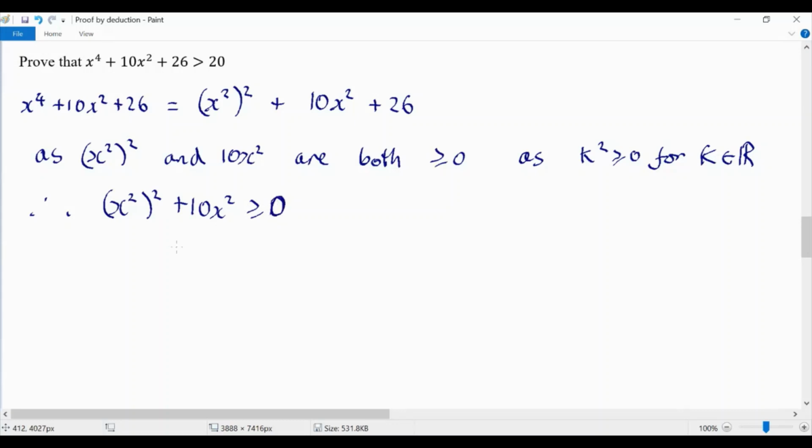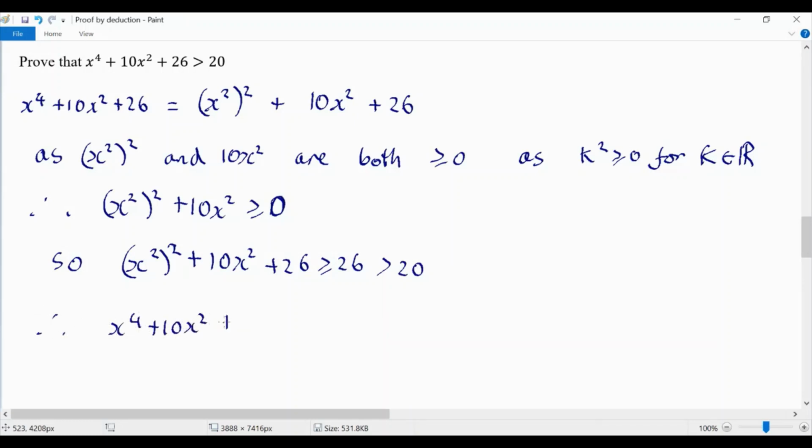And therefore, we had 26. We got something greater or equal to 26. And therefore, that's greater than 20. And so we can say x to the 4 plus 10x squared plus 26 is greater than 20 for x being a real number. So there we go, a different way of using that fact.